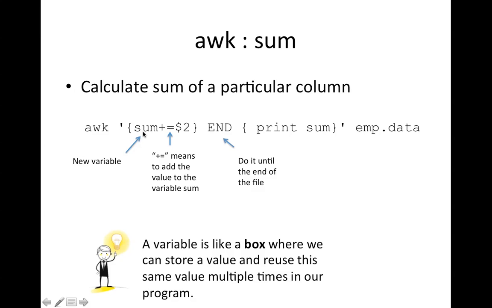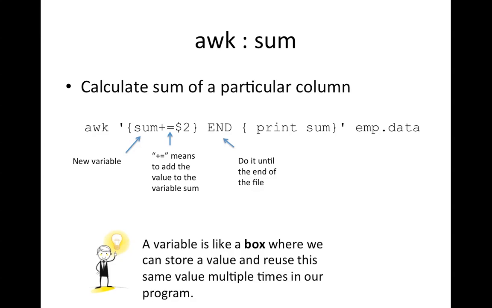You can look at the variable as a box where you store a value, right? So in this case, at a high level, we'll go through the file. At each line, we will put the element from column number 2 in the box. So by the end of the file, in the variable, we will have all the values, and then all we need to do is add them up, right?